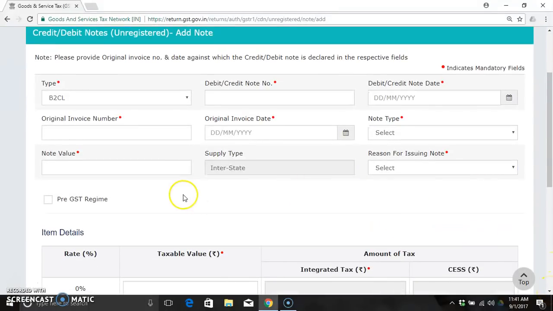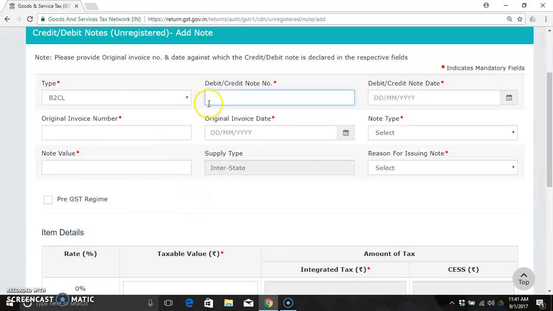Next, you come to pre-GST regime. That is, in the month of July, whenever you raise the debit or credit note, that credit or debit note can pertain to the invoices raised in July month or in the previous month. When the invoices are being raised in the same month as that of the credit or debit note, then it is the post GST regime.